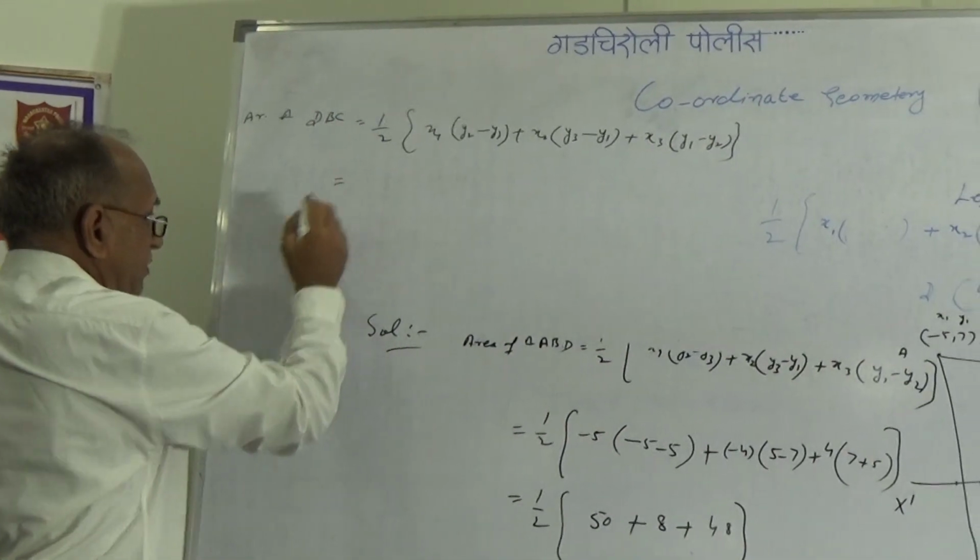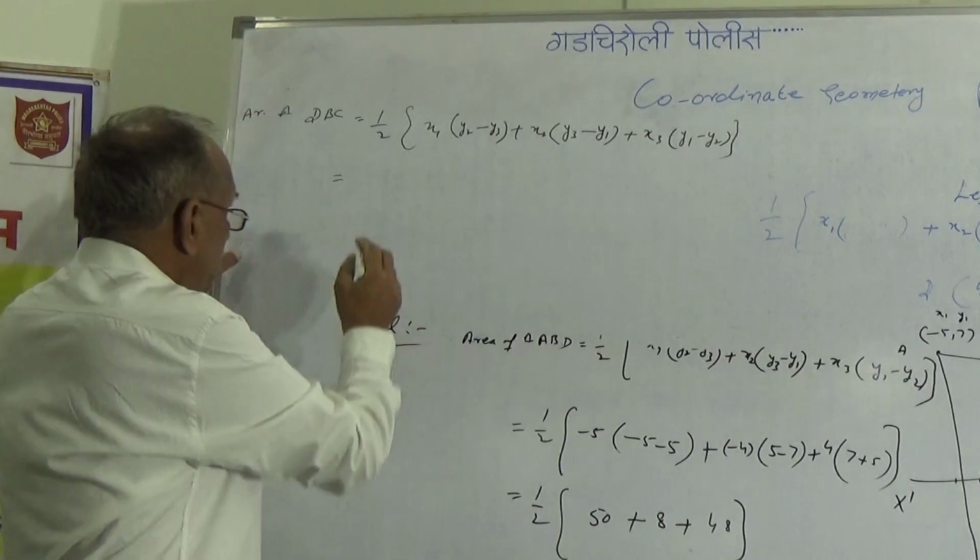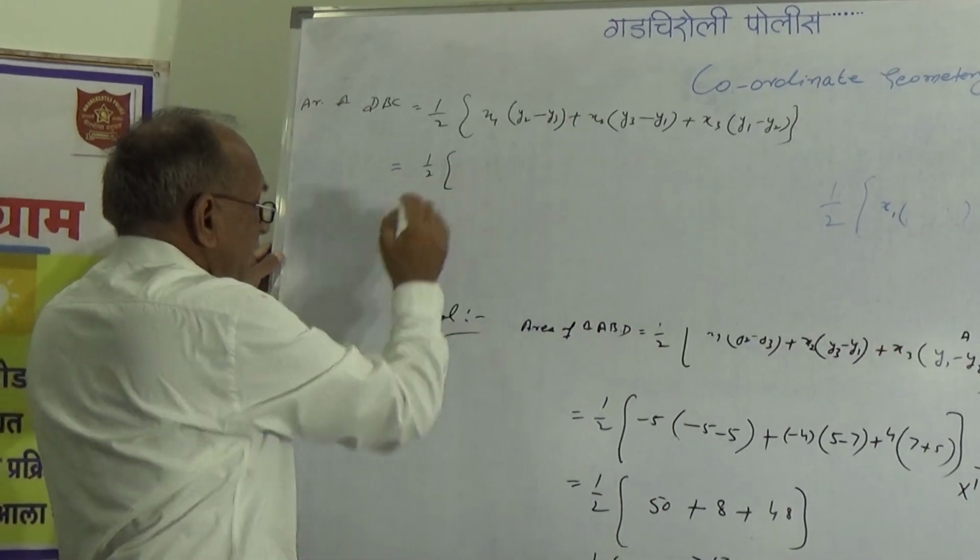Then again we put the values: 1 over 2 x1.